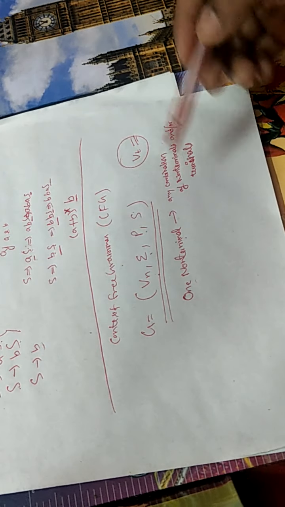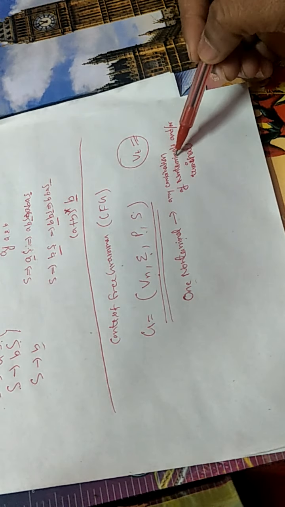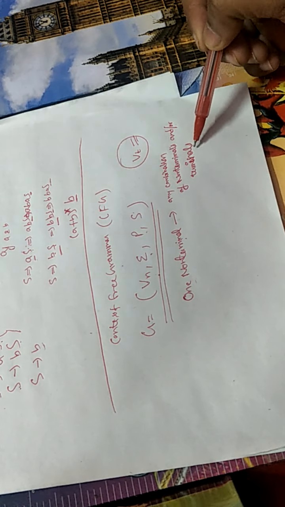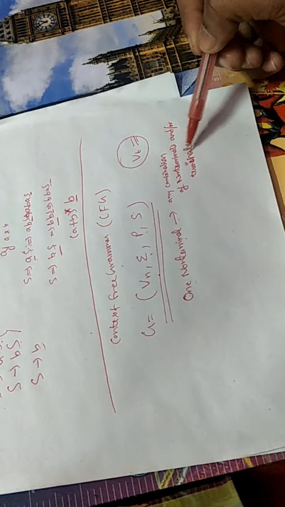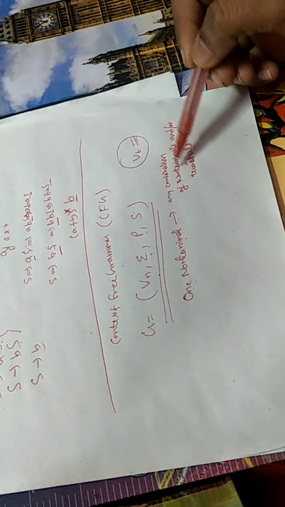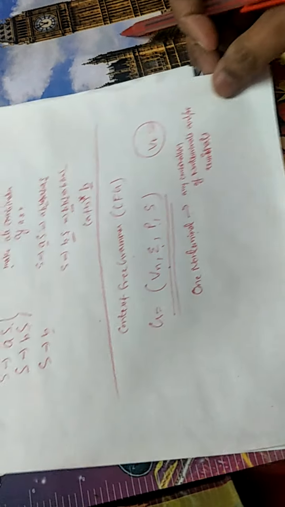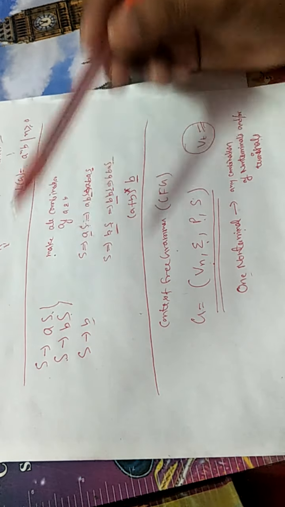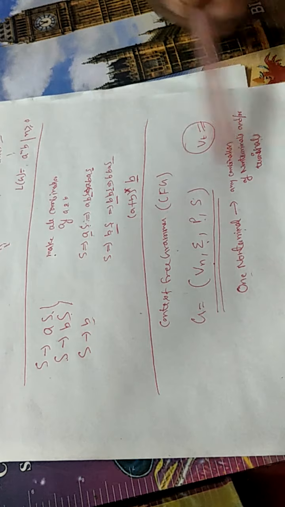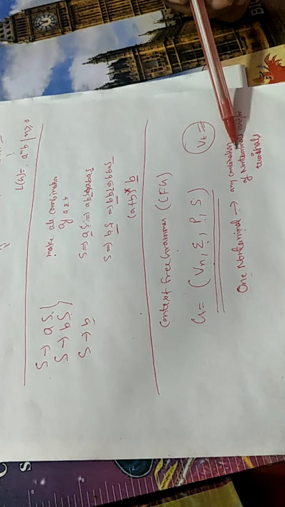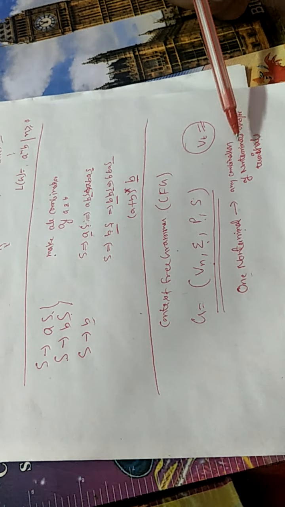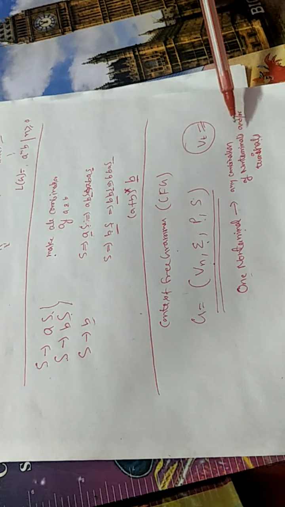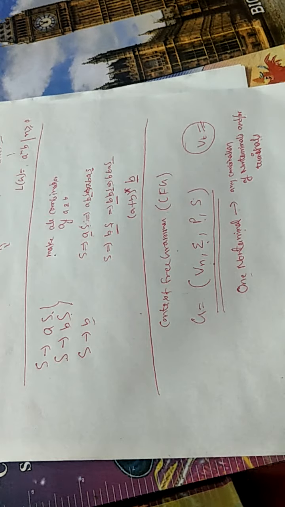What does it mean? We can have any number of non-terminals in the right hand side, we can have any number of terminals, we can have combinations of terminals and non-terminals in the right hand side. It may be of length 2, it may be of length 0. It means that we can have epsilon here, we can have ABAS and something more.